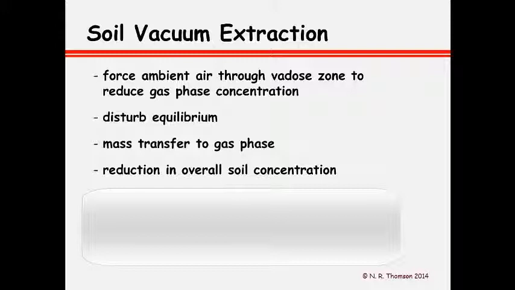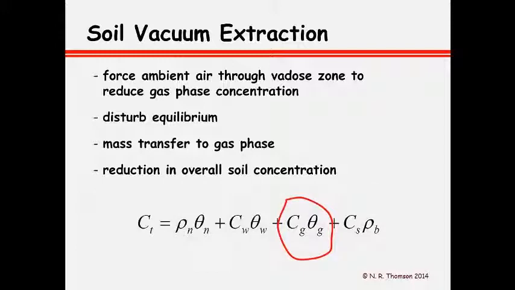The equation at the bottom of this slide is the total soil concentration on the left-hand side equaling the NAPL concentration, followed by the dissolved phase concentration, followed by the gas phase concentration, and then on the extreme right-hand side is the adsorbed concentration.